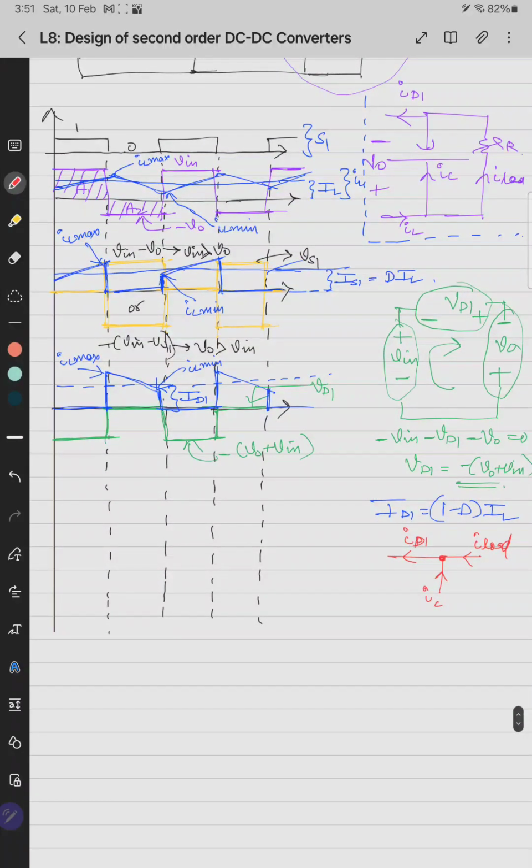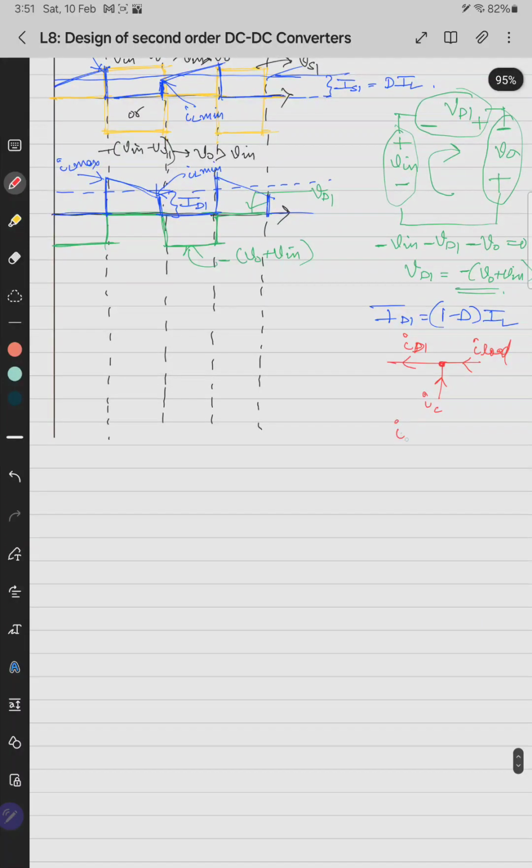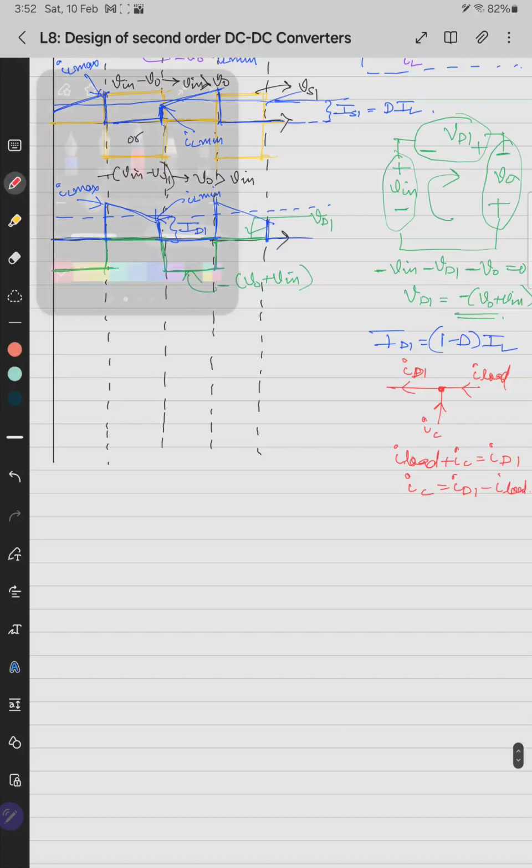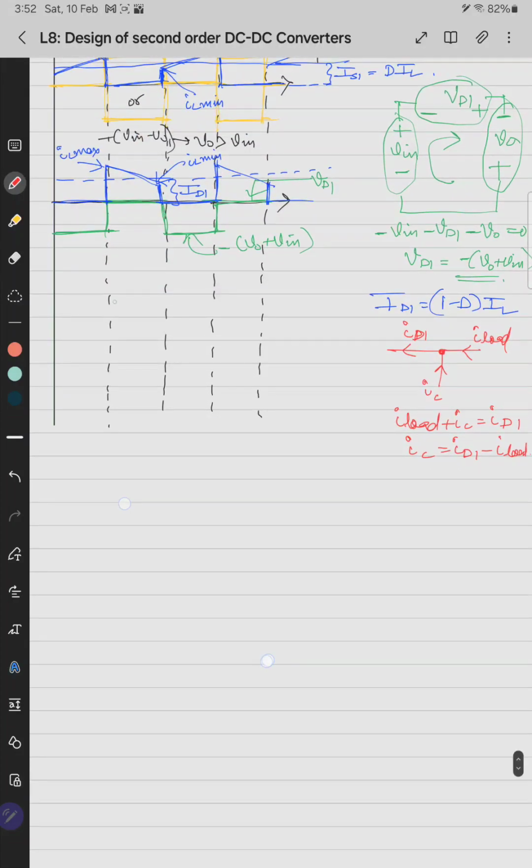This is ID1. So I load plus IC equals ID1. So we have to find IC. IC is ID1 minus I load. Again, so ID1 we have to shift it down. This will be IC.